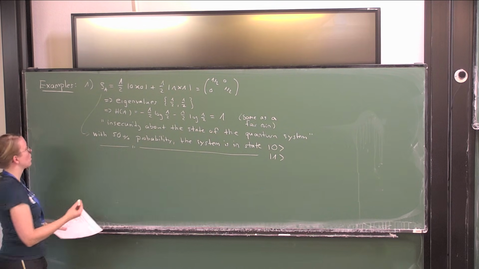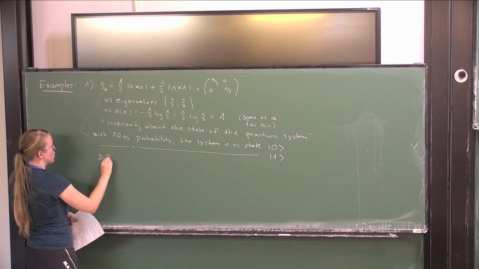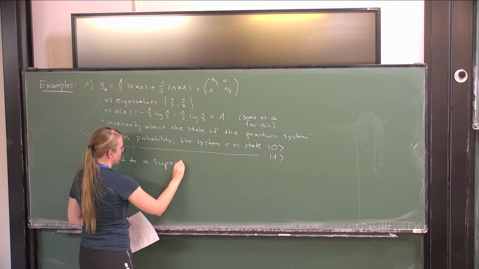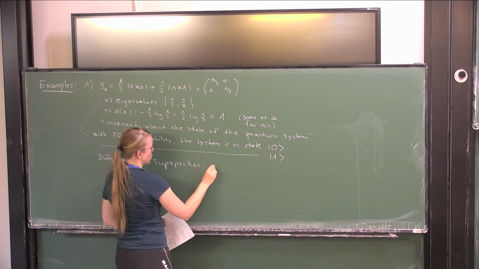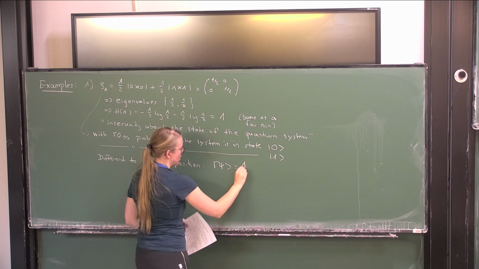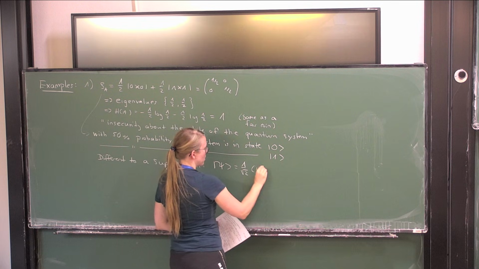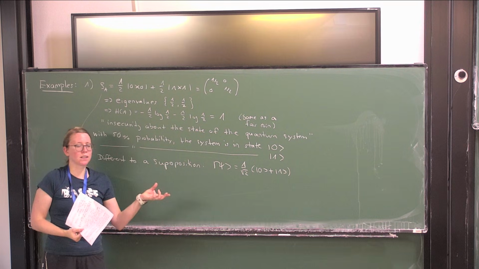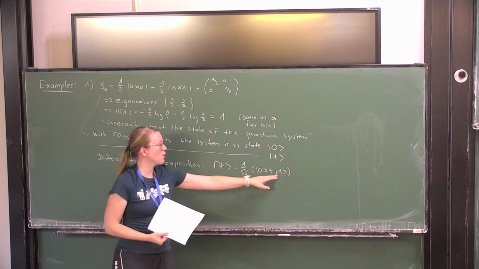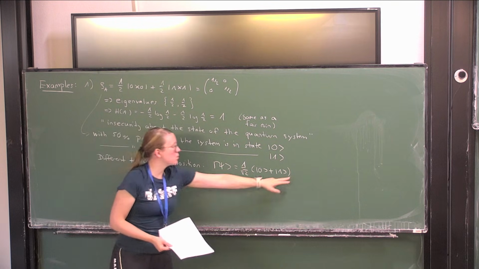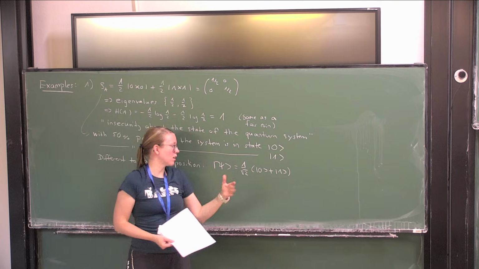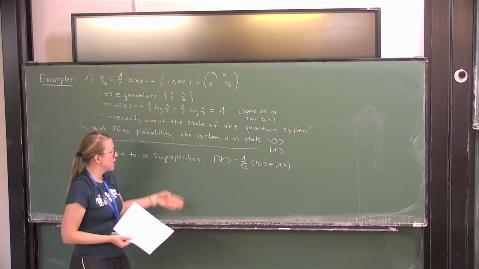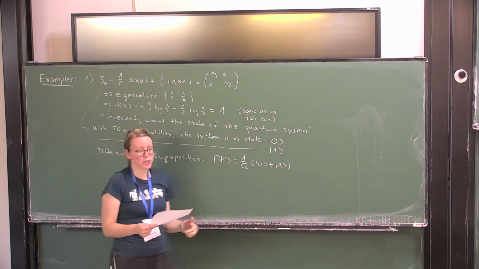It is different to the superposition of the two. The superposition doesn't mean that with some probability the system is in state 0 and with some probability it's in state 1. The system is exactly in this state. It's just that when we measure in the bases, for example, we get different outcomes with certain probability. But the state of the system is exactly this one. There's no insecurity about the state of the system.